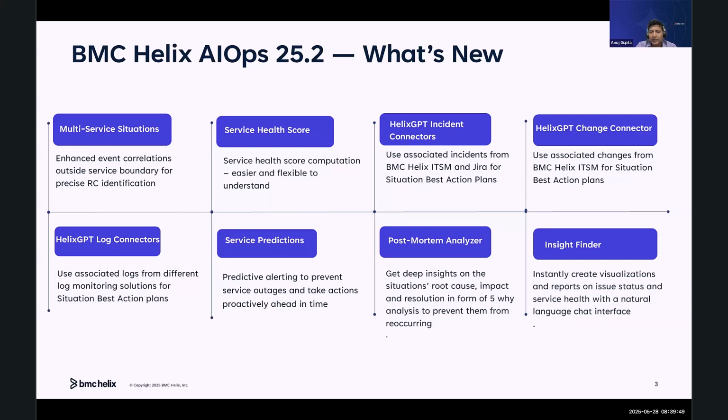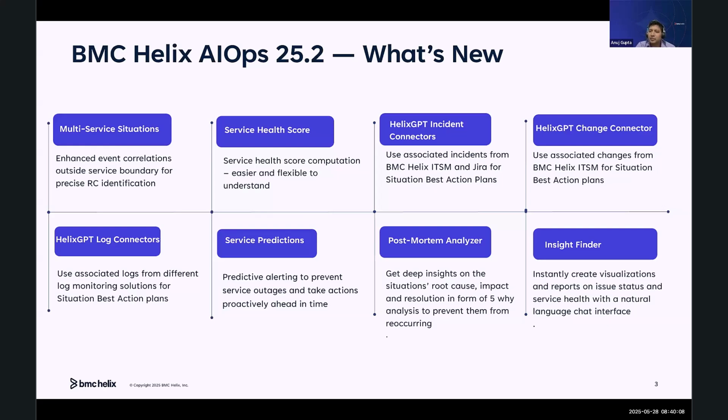We do it with Jira, and we're also working with ServiceNow in the near future as well. Along with incidents, which is an important piece, changes is another important data that we look at from an RCA perspective.